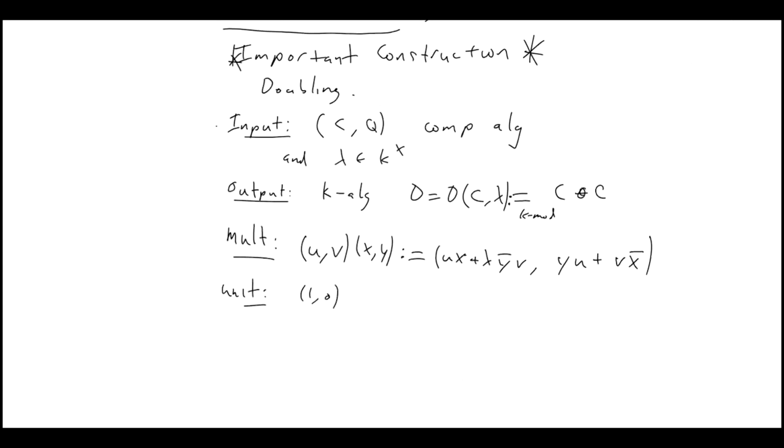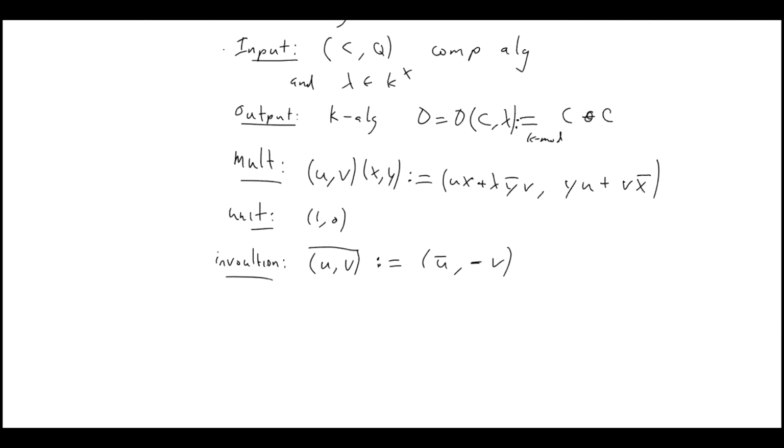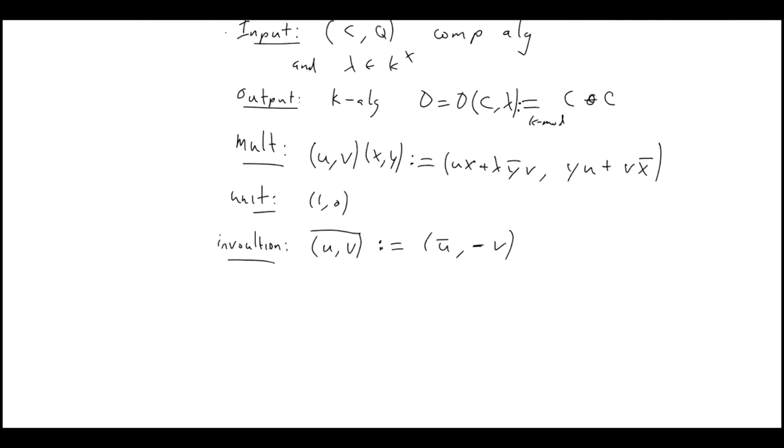And this also has an involution. If I take (U, V) and I apply this involution, it's going to be the involution in the first entry and then minus the second entry. Then we also have a quadratic form.